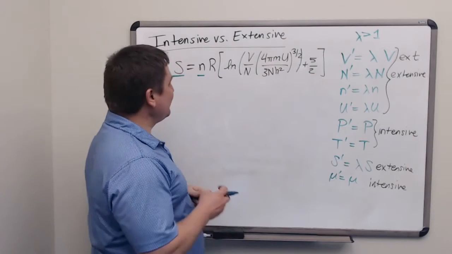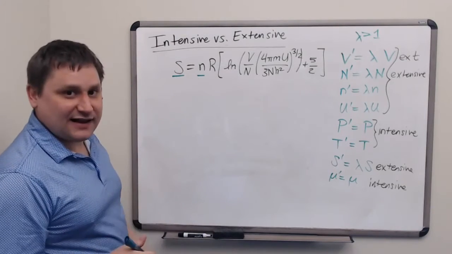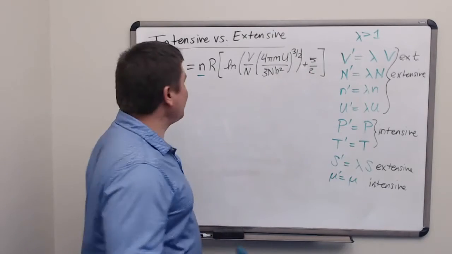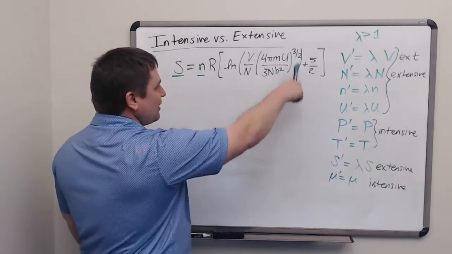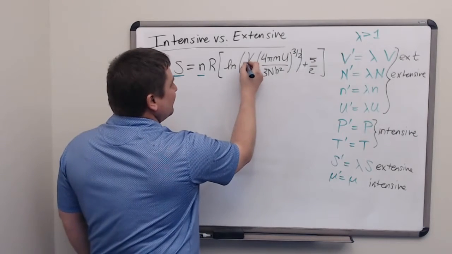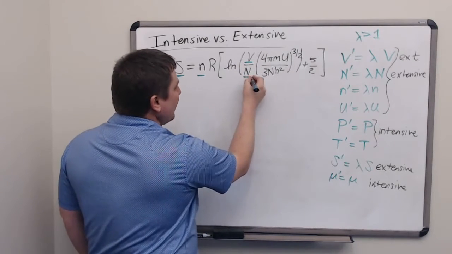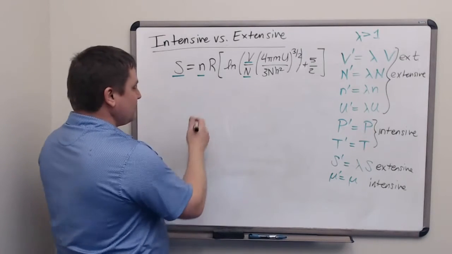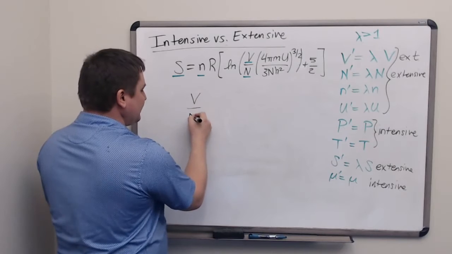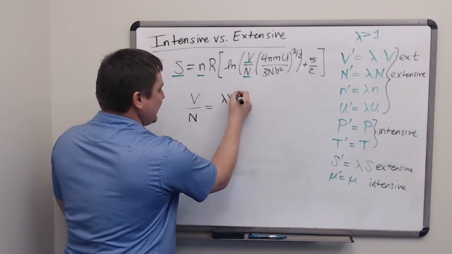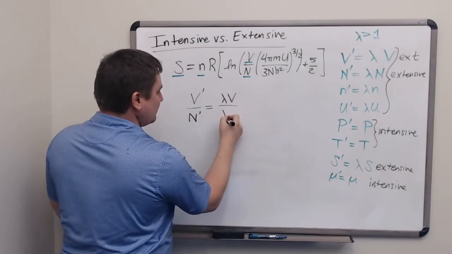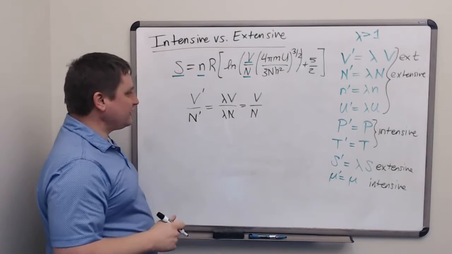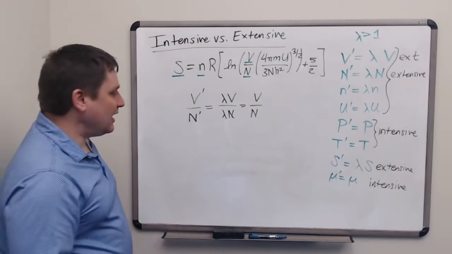Inside of the square brackets, we've got to make sure that stays consistent as well. 5/2 is a constant. There's no problem from that. What about the argument of the logarithm? Well, here we've got volume, which is extensive, divided by number of particles. If we take the ratio between two extensive quantities under the scaling, that scaling factor cancels out and we get the same ratio.